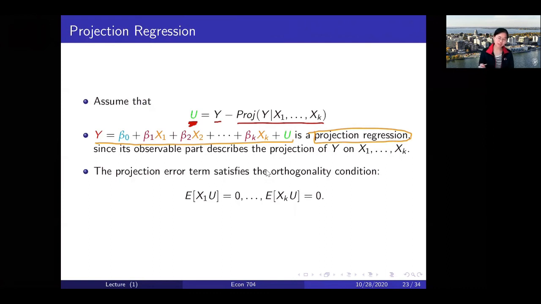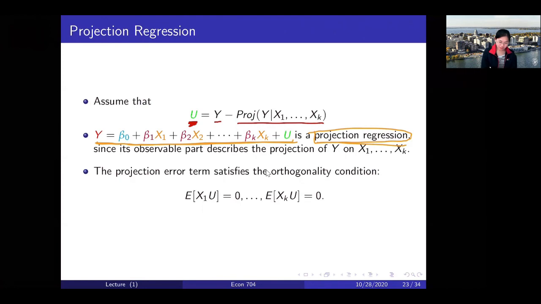It is only a conditional mean regression when the conditional mean is linear, in which case projection coincides with conditional mean. In general, if the conditional mean is not linear, projection is not equal to conditional mean, but it's only an approximation of it, so this colorful equation is a projection regression, not a conditional mean model.